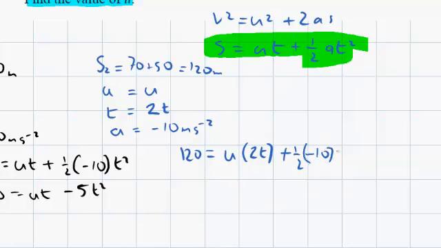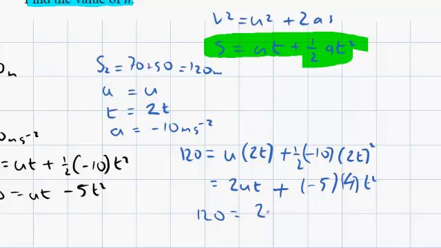Minus 10, and t squared, in this case time squared is 2t squared. So we just want to be careful of that squaring. So we've got 2ut plus 1/2 of that would be minus 5, and then 2 squared would be 4, and then t squared. So we'll have 120 is equal to 2ut minus 20t squared.